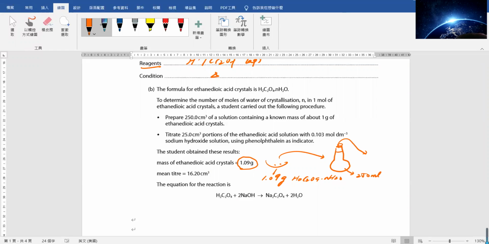Then you extract 25 ml out and titrate it against the standard sodium hydroxide solution. By means of standard, it means you know its molarity.